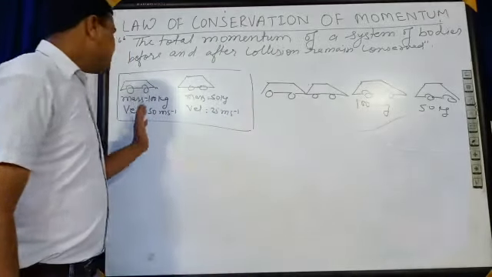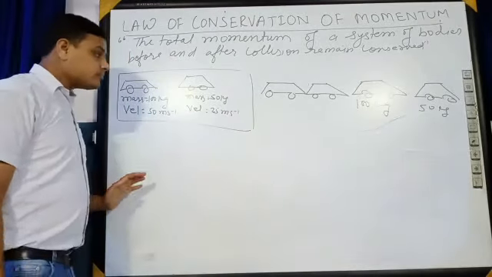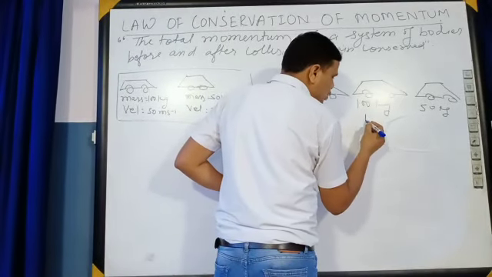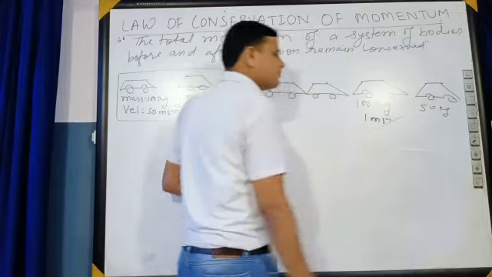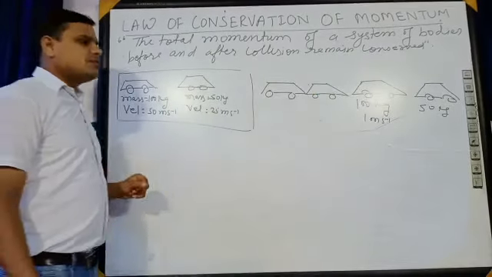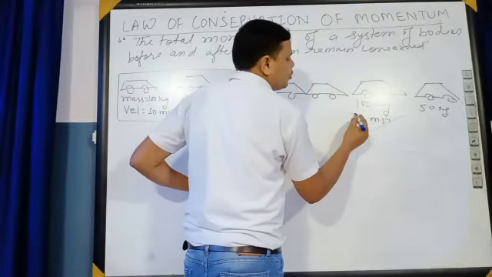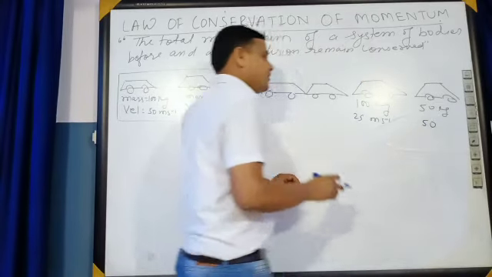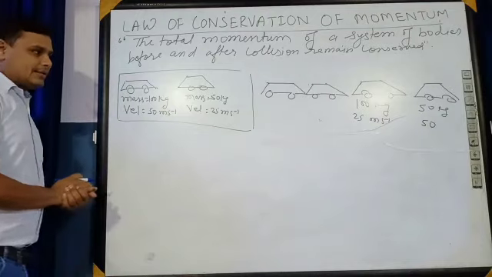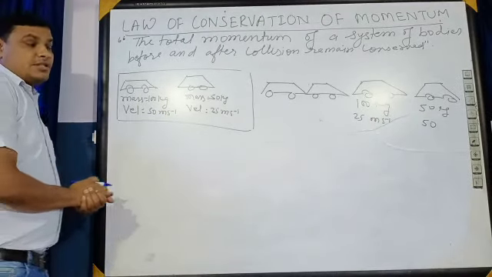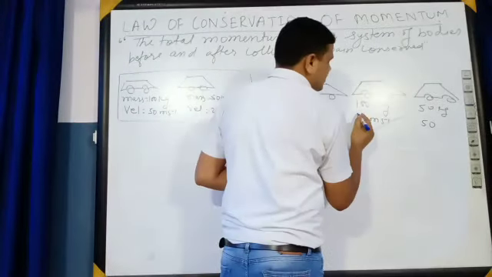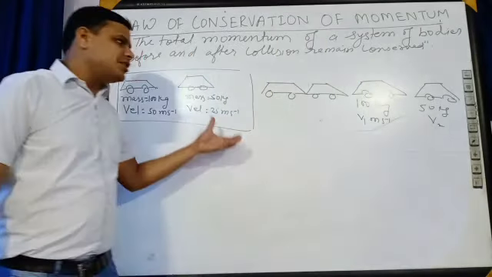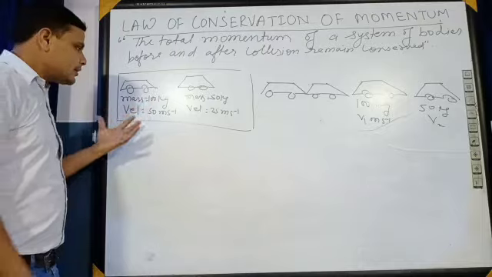Suppose after that we get the velocity of the first as 25 meter per second and the second as 50 meter per second. Suppose these are v1 and v2, the changed velocities.